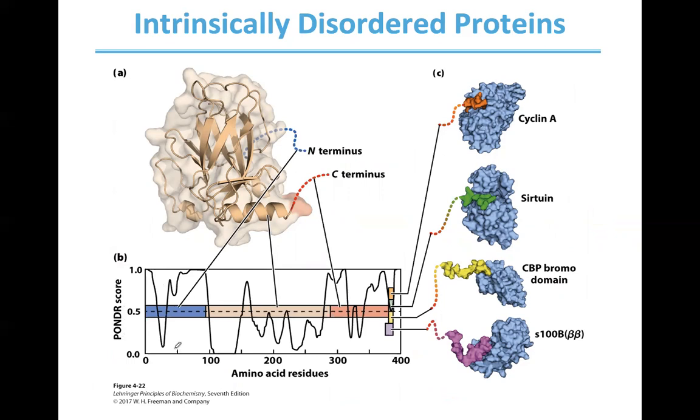And so there are computer programs where you put the primary sequence in, and they can predict which region will be disordered and which one will not be disordered. And this program at the end spits out the carboxyl. Now this is the amino terminus, right? And this is the carboxylic acid terminus. And it turns out that the P53, so this is the protein, is also a tumor suppressor.